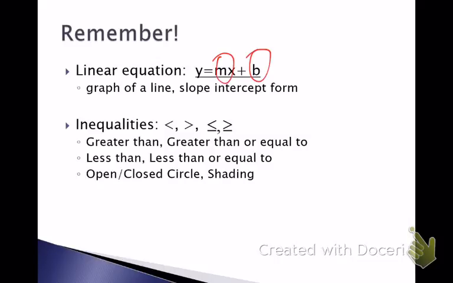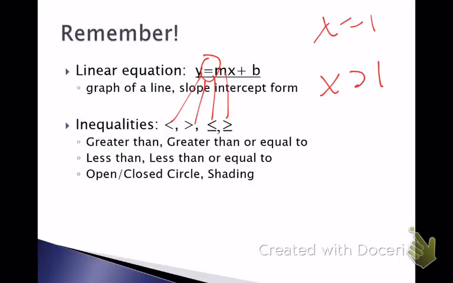Now the only difference is in an inequality, instead of this equal sign, we're going to replace it with one of these inequality signs. When we do that, our solutions tend to change, right? x is equal to 1 and x is greater than 1 means that our solutions have changed. Here there's only one solution. Here there's a bunch.